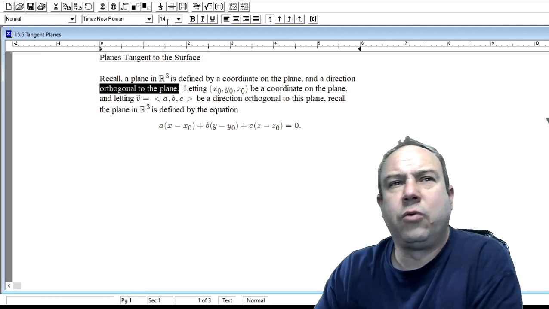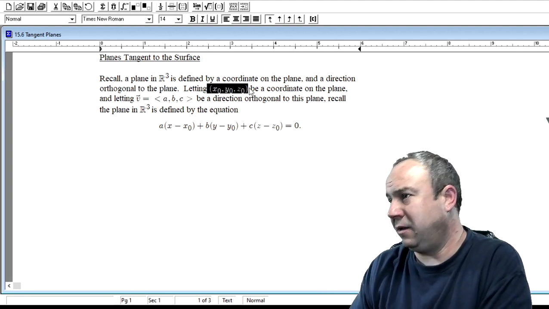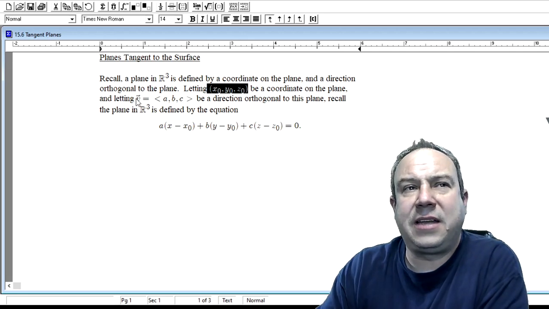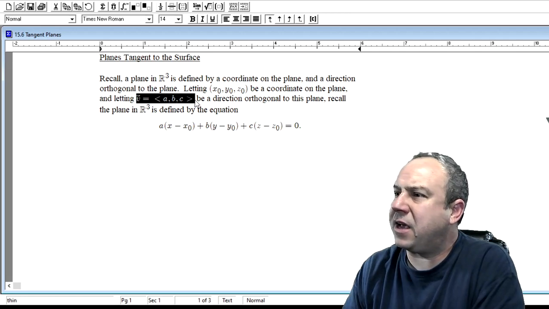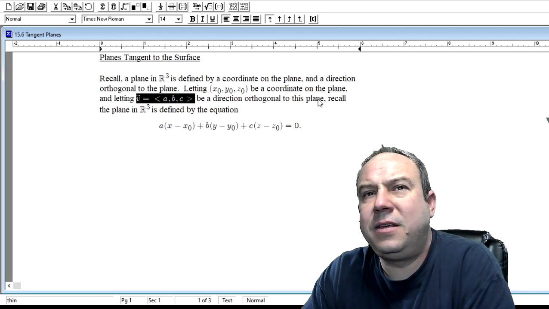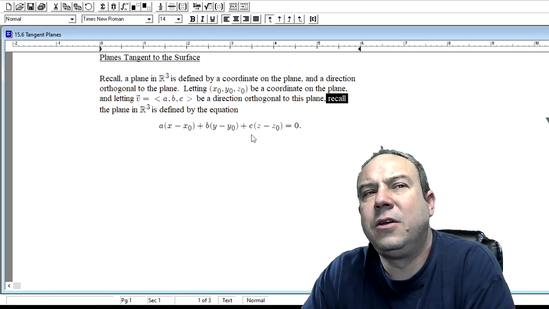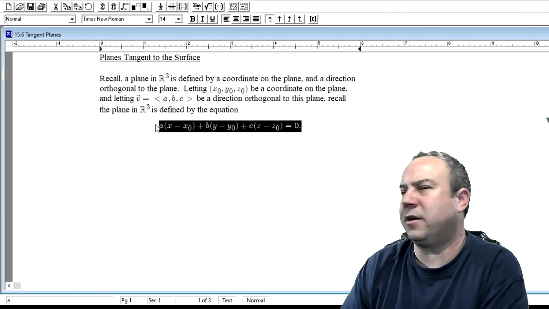Recall that if we let x null, y null, z null be a point on the plane, and we let v bar equal to the vector a, b, c be a vector orthogonal to the plane, then recall the plane in R3 is going to be defined by this equation seen here.